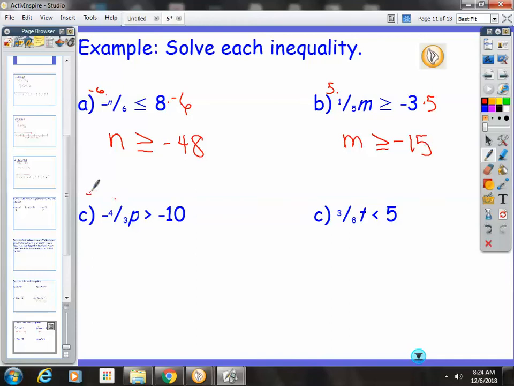Negative 3/4. Goodness. Do I need to flip the inequality symbol in this example? Yes. So negative 10 times negative 3/4. Did you get 7.5? So p is less than 7.5. We flip the symbol.